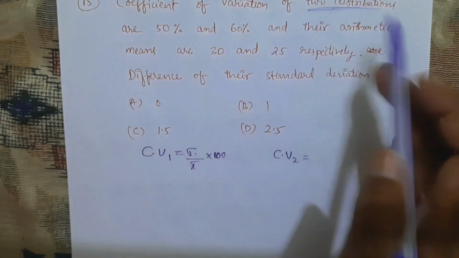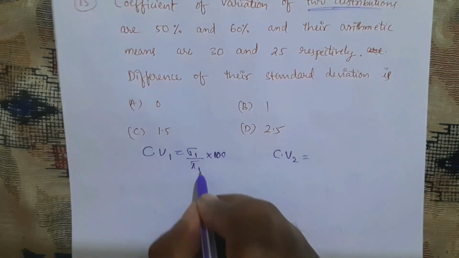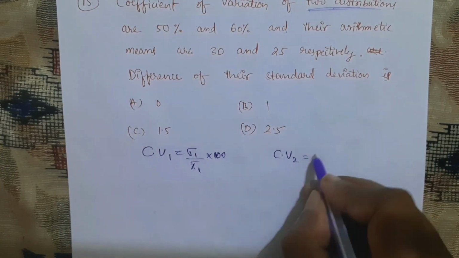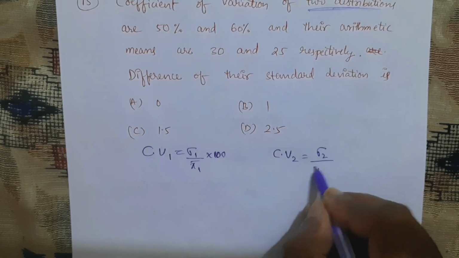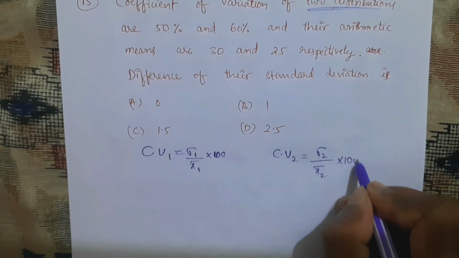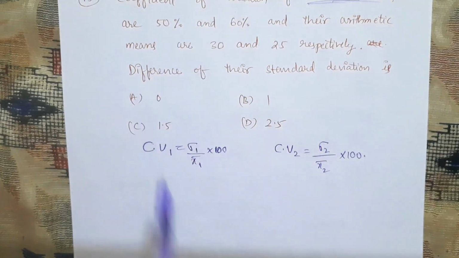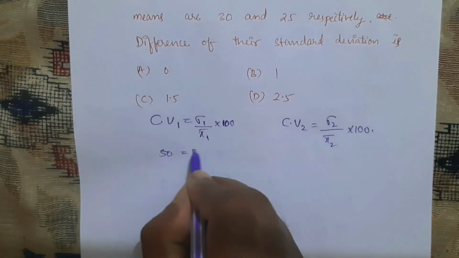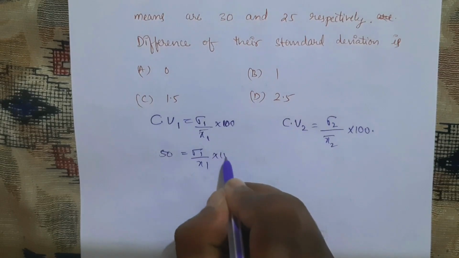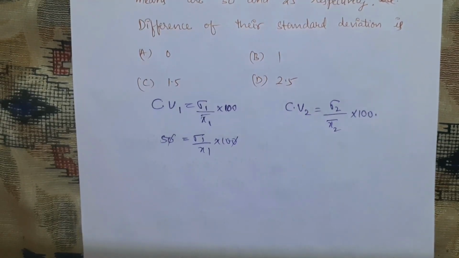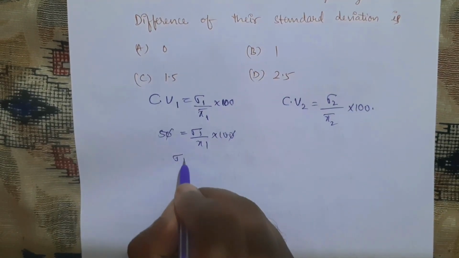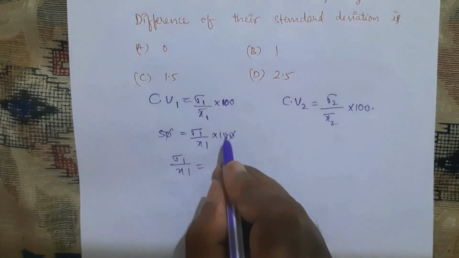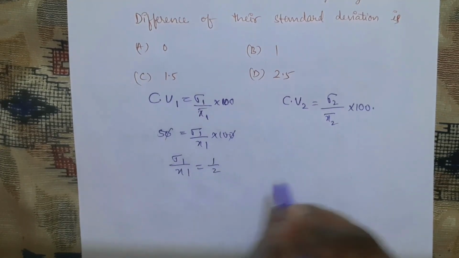But as they given two distributions, I will consider sigma 1, x bar 1. CV2 will become sigma 2 by x2 bar into 100. As the coefficient of variation percentage is given, that is 50, so 50 is equal to sigma 1 by x1 into 100, and the 5 and 0 cancel. That means sigma 1 by x1 is equal to 5 by 10, which is 1 by 2.